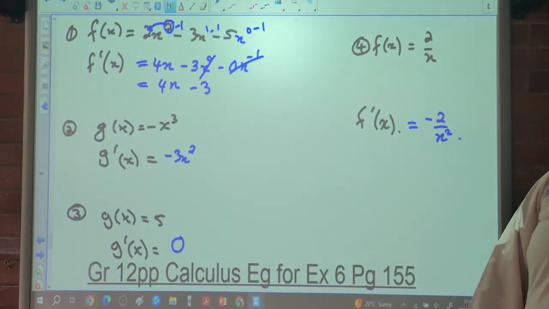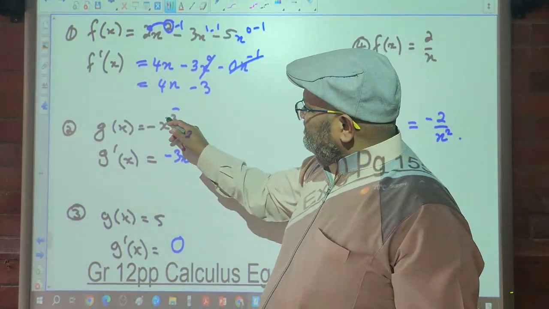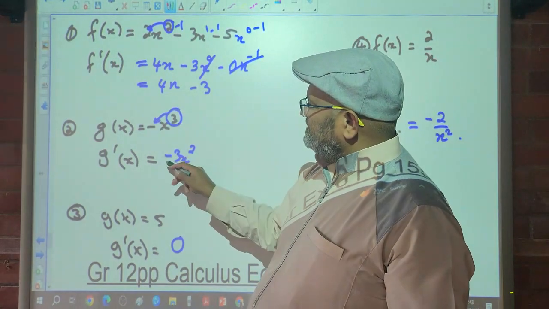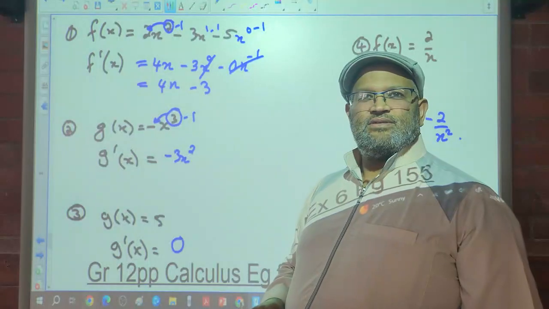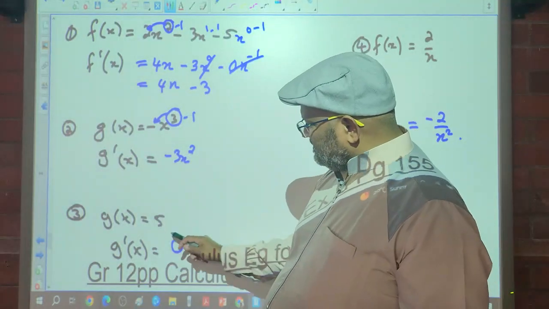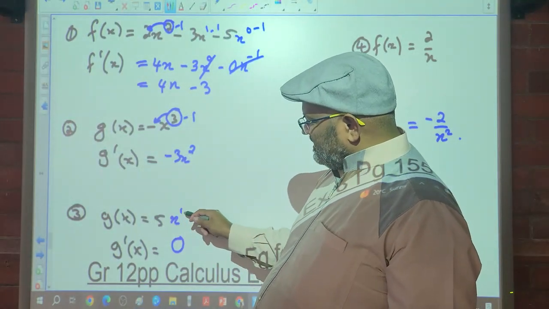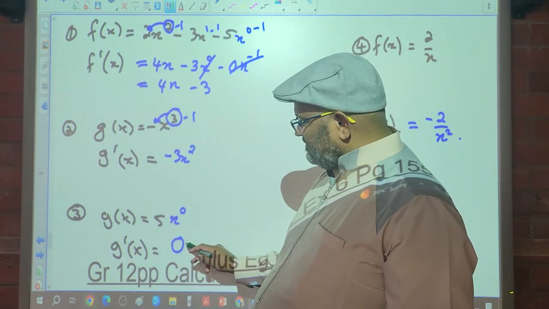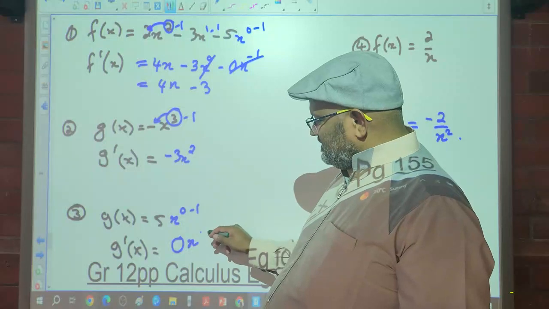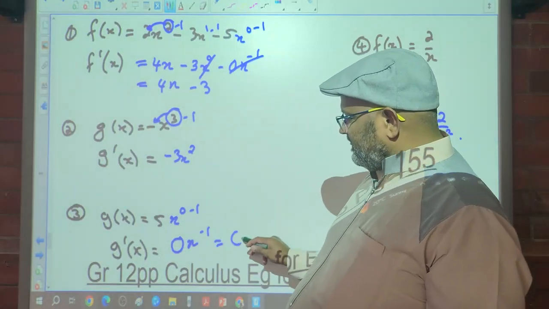You see that, people? What do you notice about this here? What's 3 times negative 1? Negative 3. Minus 1? 2. You see that? Look at the next one. This is x to the 0. No? What's 0 times 5? 0x minus 1. Anything to the power of 0 is?